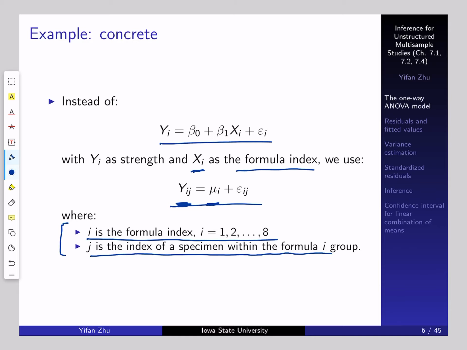So the formula index is a factor that tells us how many groups there are in the model. There is only one such factor in the model, so it's called a one-way model. And there are also two-way models. In a two-way model, you have two different factors, and the combinations of these two factors will give us more different groups.